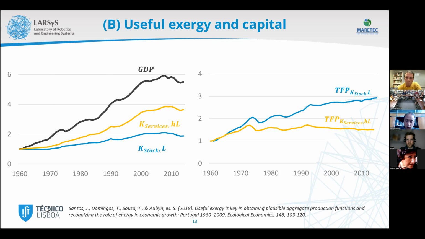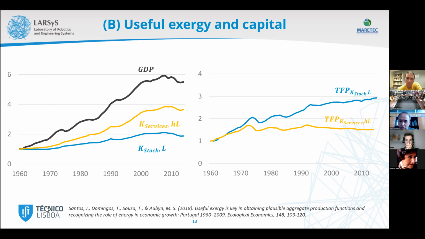You're shifting from long-lived capital items to short-lived capital items, which deliver more services per euro invested. They deliver those services during less time, but more services. So as this shift happens, services grow faster than stock. Also in Portugal, like in other countries, human capital has been growing, so the level of schooling has been growing, and so HL has been growing faster than L, and so overall, the yellow line grows faster.